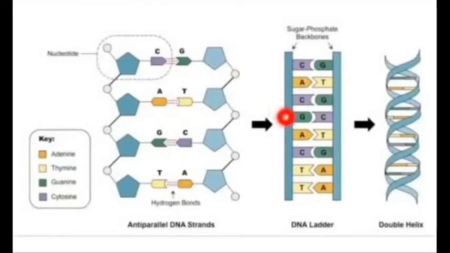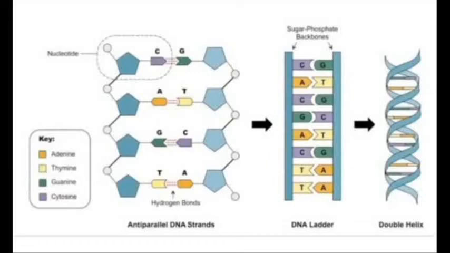The backbone of each strand, that means the sugar phosphate backbone chain, is located on the outside of the DNA molecule, and the two sets of nitrogenous bases project toward the center. The phosphate molecule has a large negative charge.